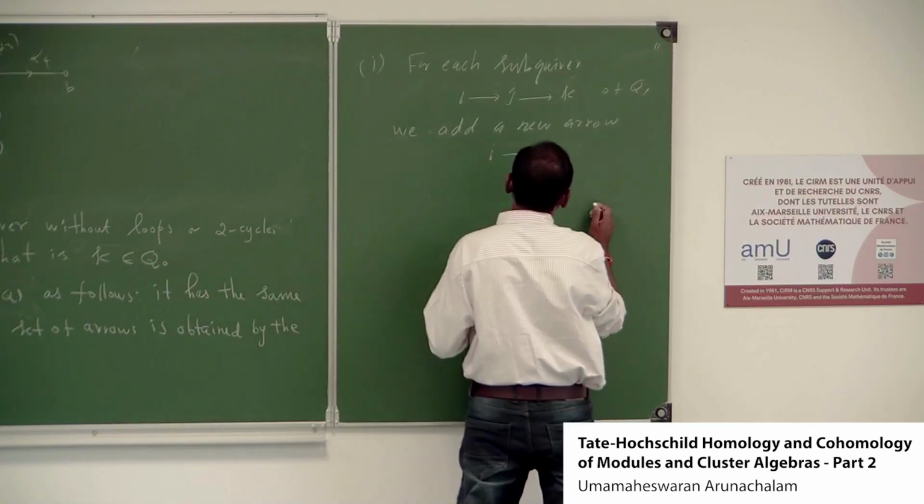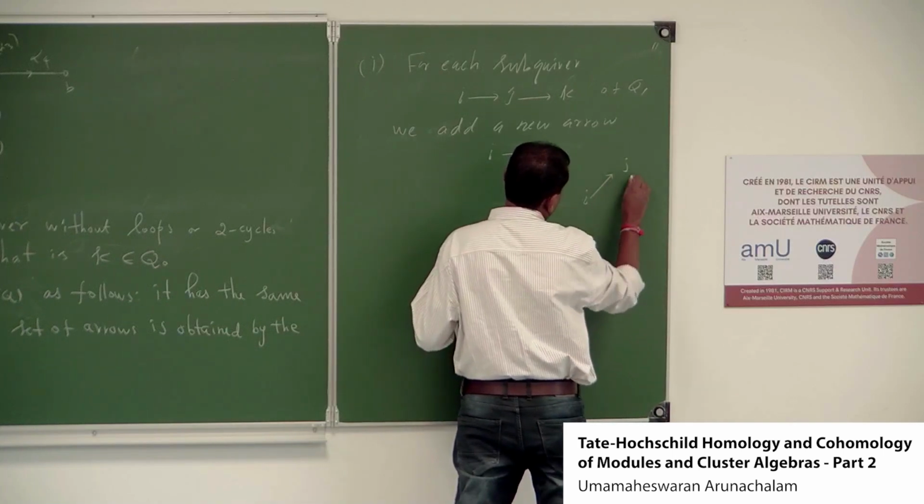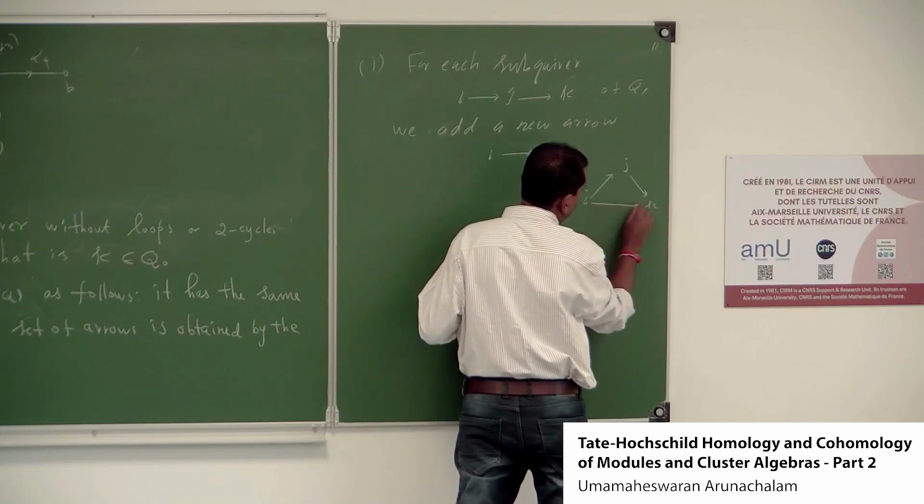That is, suppose we have a subquiver I into j into k, we have to make I into k.